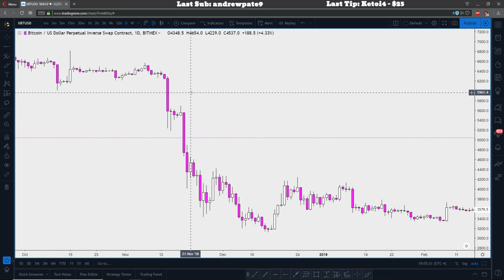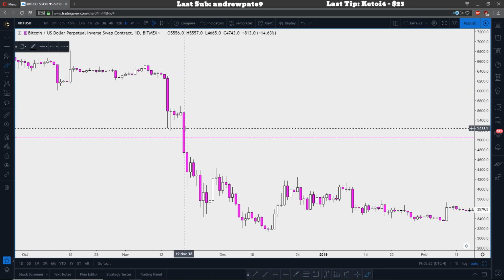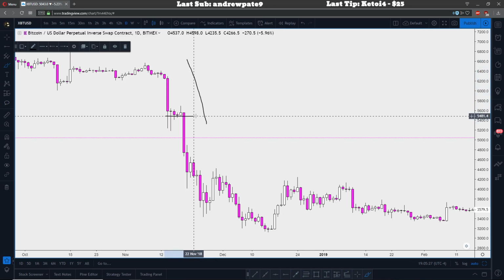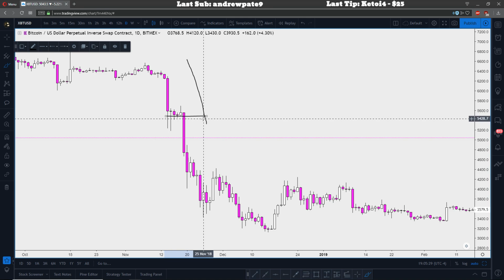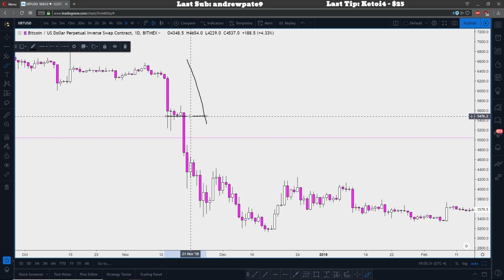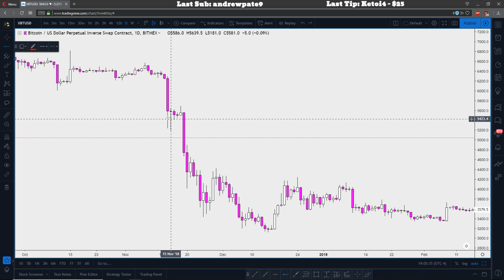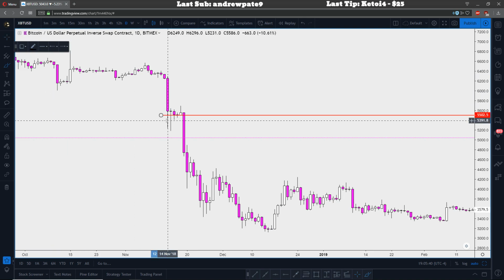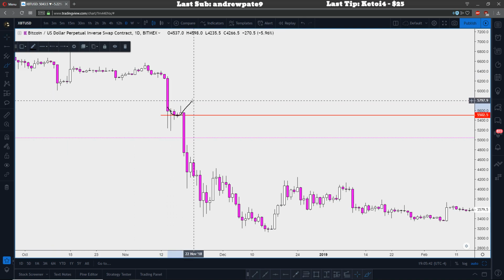What I typically do is, if it's an impulse move down, I take the low of the dojis. This becomes the resistance point. The reason it's resistance is it's the last support. You can see how this was acting as support, price is bouncing off of it.